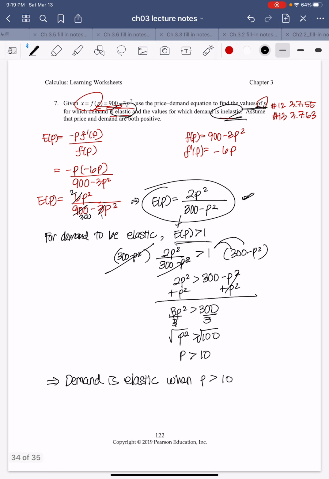So for demand to be inelastic, we are going to set E sub p between 0 and 1. E sub p from previous, we have it right here: 2p squared divided by 300 minus p squared, between 0 and 1.